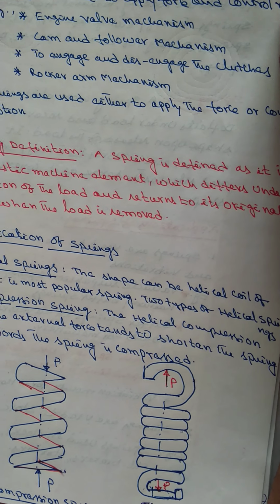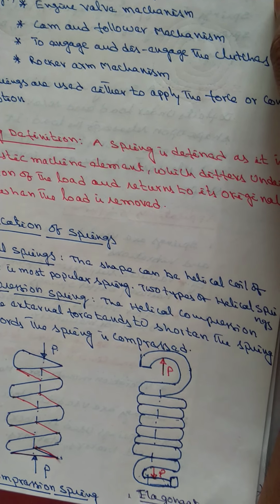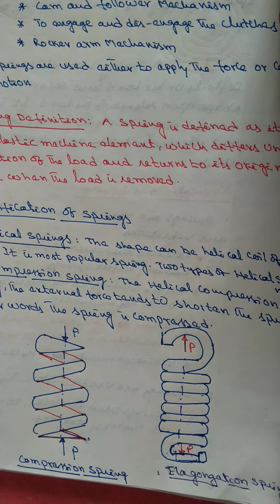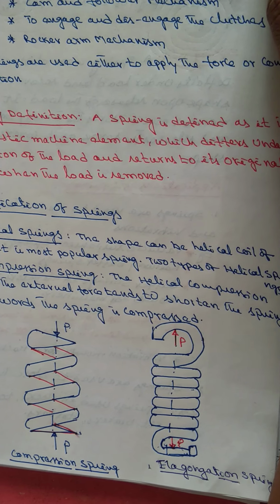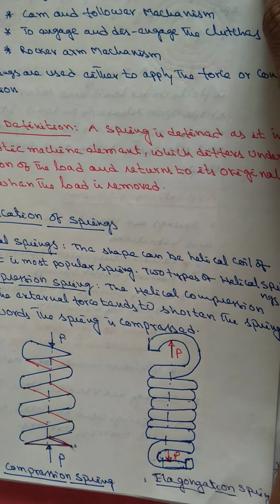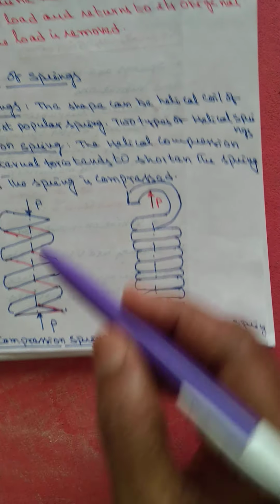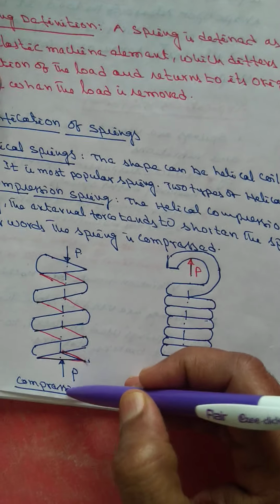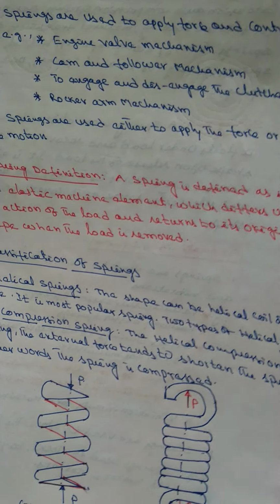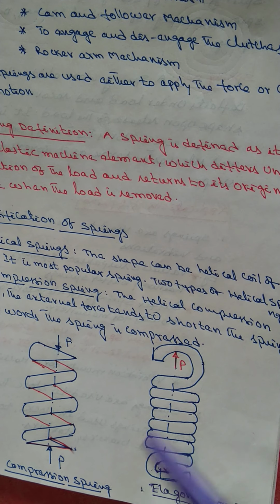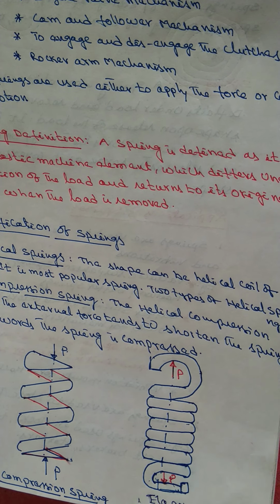When the helix angle is less than 10 degrees, that is called a closely coiled spring. Now we will observe these two diagrams. In one, a load is applied on the spring and we are compressing it.